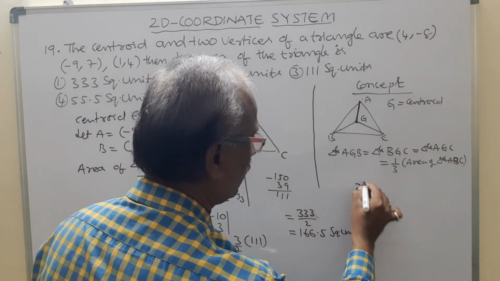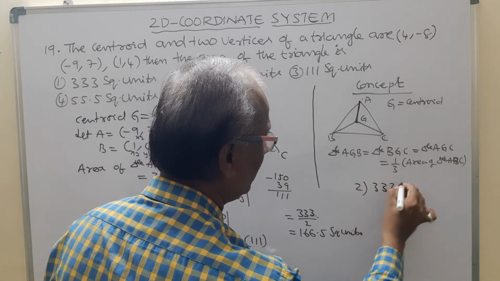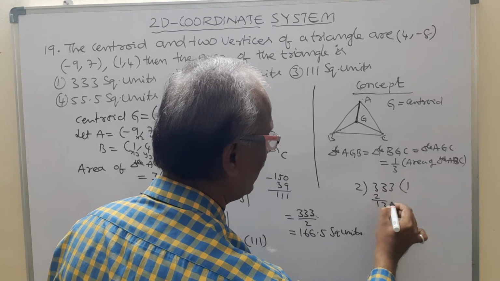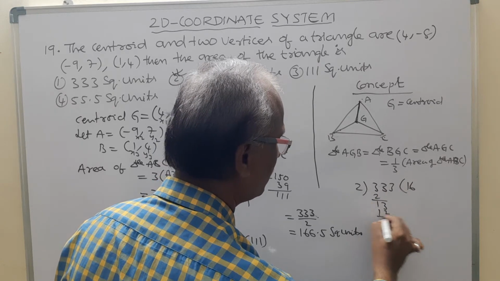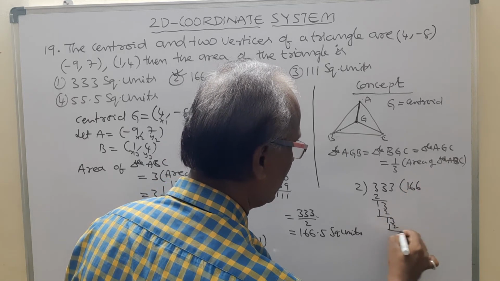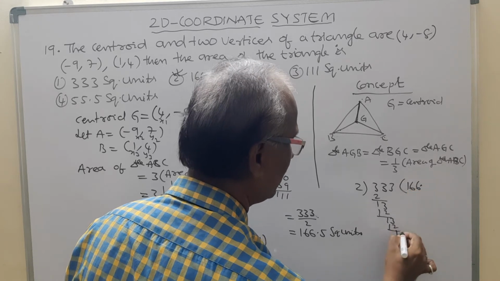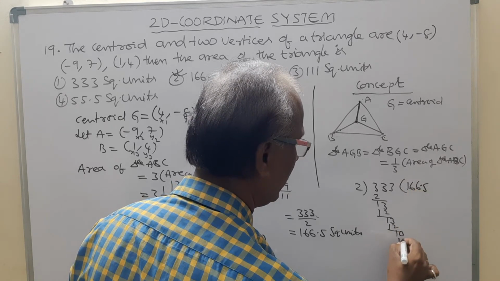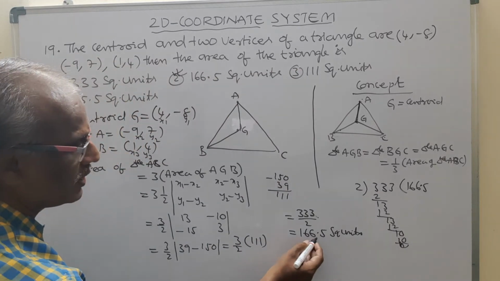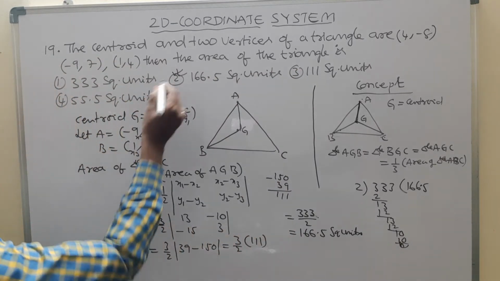Here 2 divided by 333: 2 ones are 2, 3 minus 2 is 1, 13, 2 6s are 12, 13 minus 12 is 1, then 3 6s are 12. Put a point here, 0, 2 5s are 10. Then the area of triangle ABC is equal to 166.5 square units. Second option is correct.